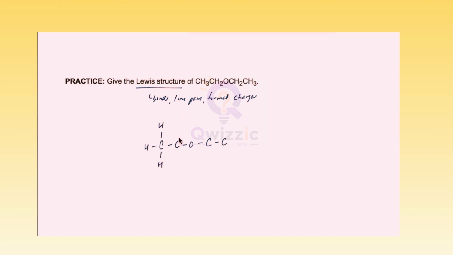Next one is CH2, so we'll add 2 hydrogens there. Our O doesn't have anything connected to it. Then CH2 has 2 hydrogens. And CH3, put those 3 hydrogens on there. So now we have how everything will go together.